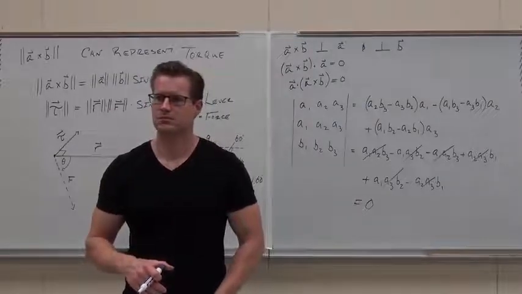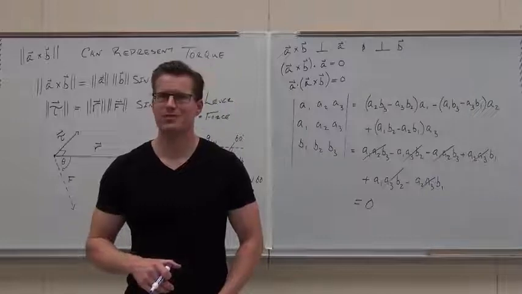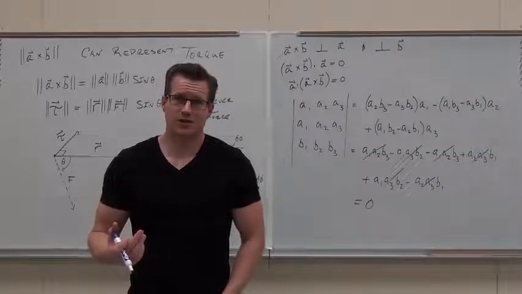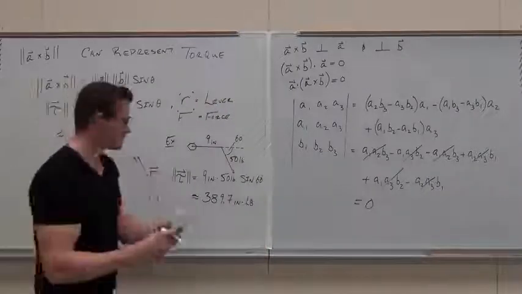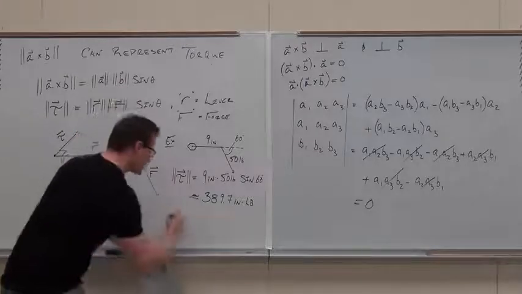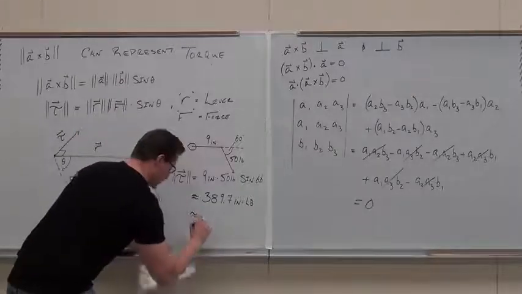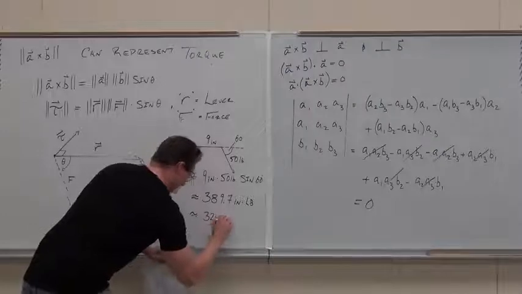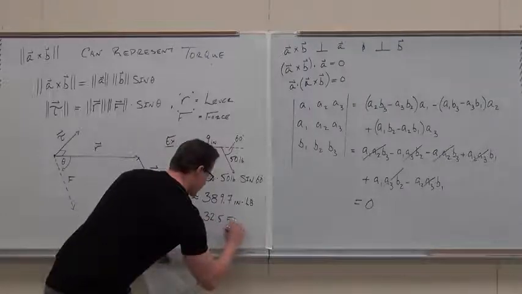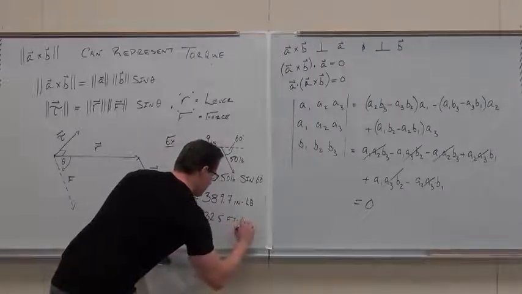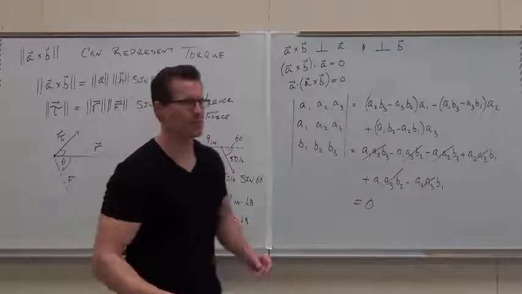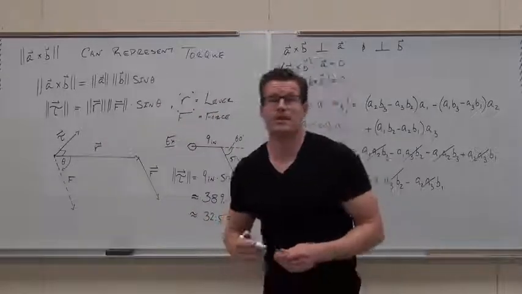Divide by 12. 12 inches in a foot. Divide by 12, and you go, okay, well, yeah, you know what? My torque wrench is in foot-pounds. About 32.5 foot-pounds, which that should make sense, right?